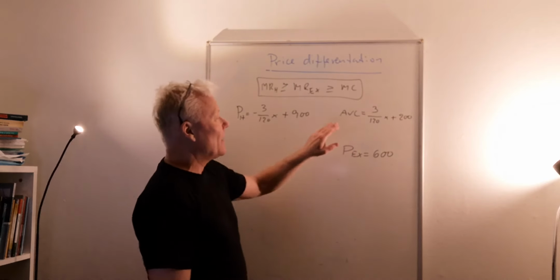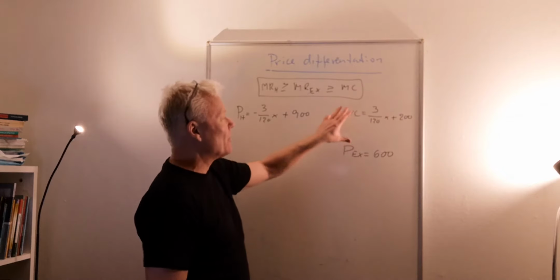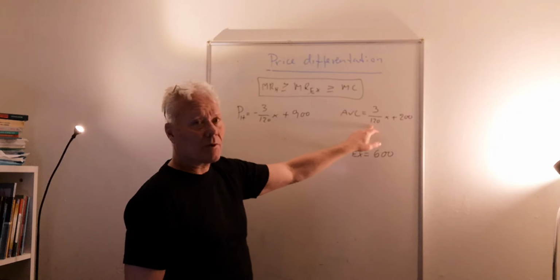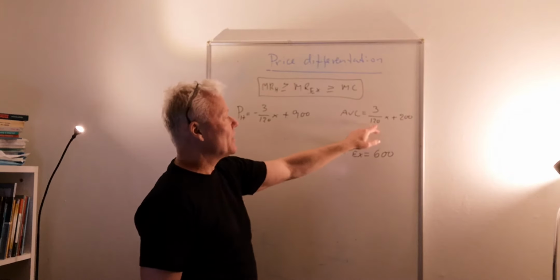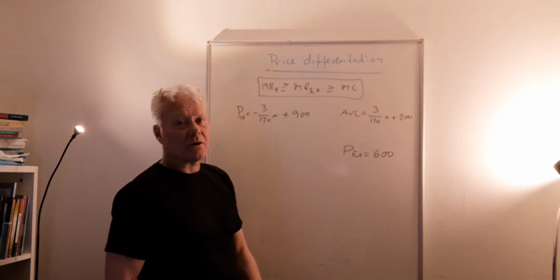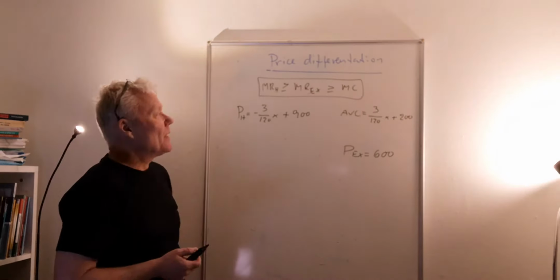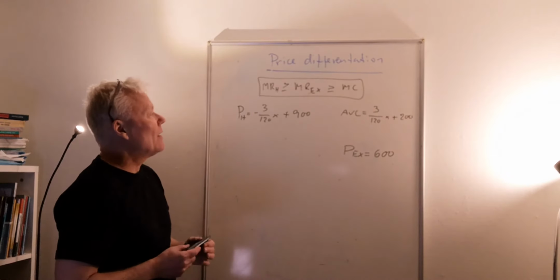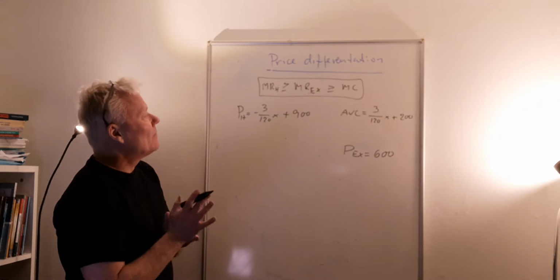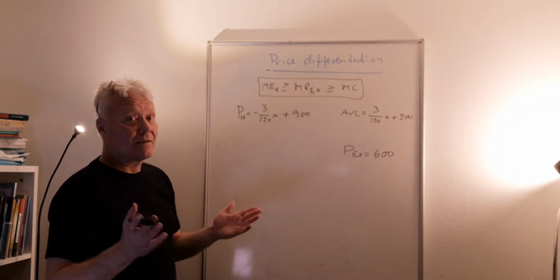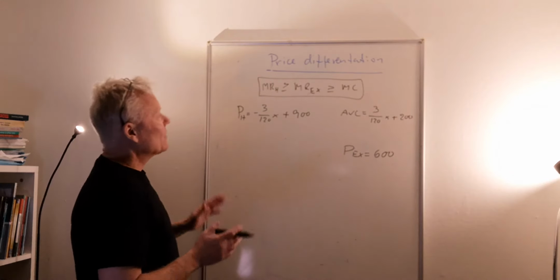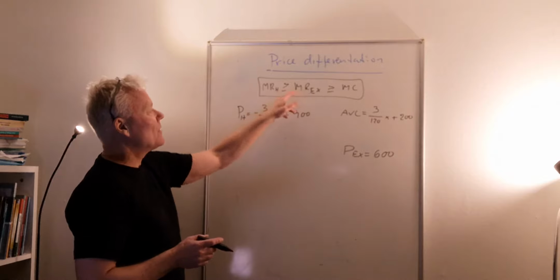We also have a little bit of knowledge about the average variable cost. We know the average variable cost is 3 on 120 x plus 200. So that's the information that we have about this task.